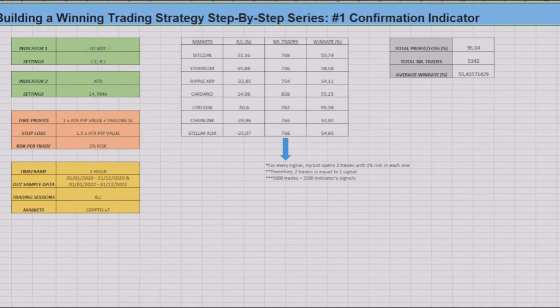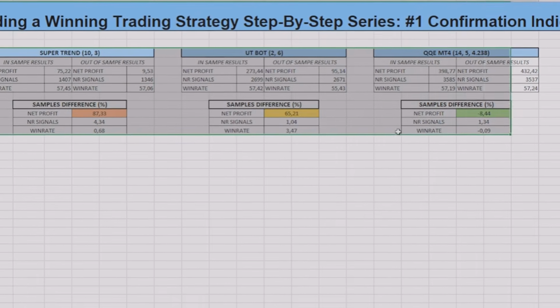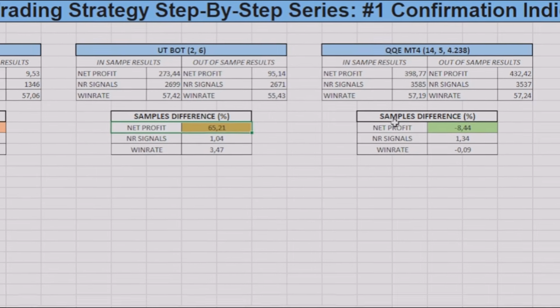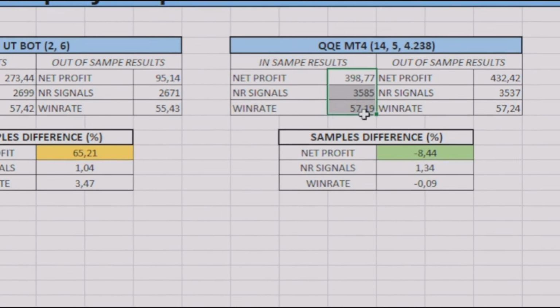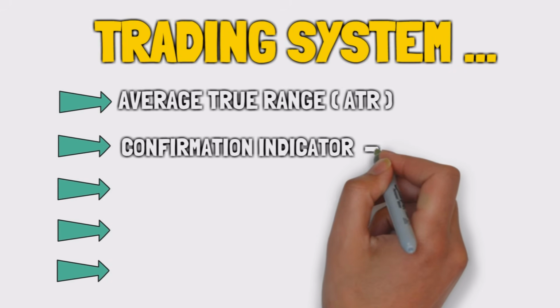And here we have the result of both samples of the 3 best tested indicators side by side. In this case, it is easy to verify that the most consistent indicator is the KQE MT4, which maintained its efficiency in the backtest on the out of sample data, and, as such, will be our confirmation indicator.